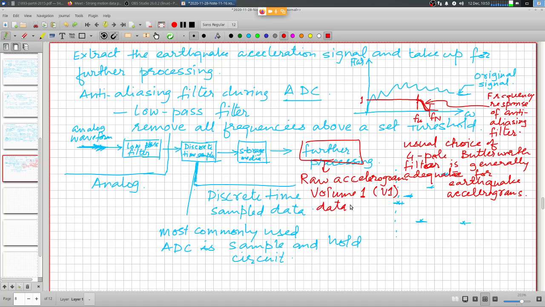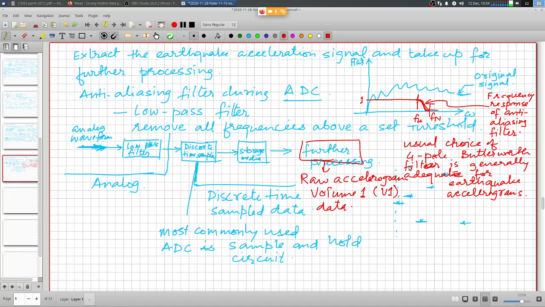Of course, that will contain information about the settings of these filters. So what are the filter characteristics that were used to generate this Volume 1 data? That has to be preserved in the header file.